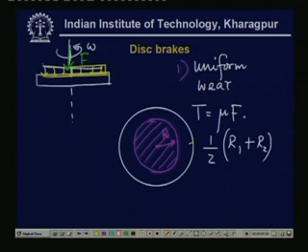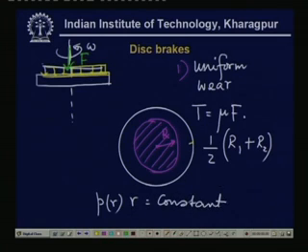Here uniform wear means that P, the pressure distribution, which is a function of R only, times R is constant, whereas for uniform pressure P is constant. From these assumptions, the braking torque is taken to be this one. So, this is the disc brake arrangement when the force is applied axially and the pad is a full circle.